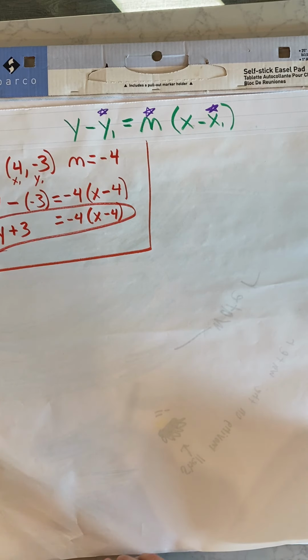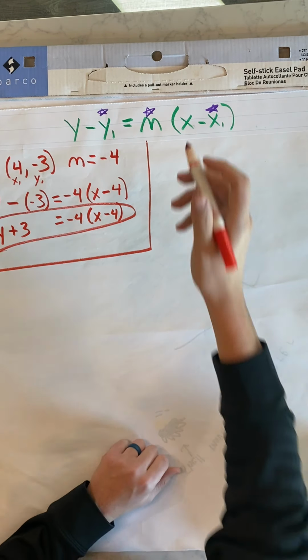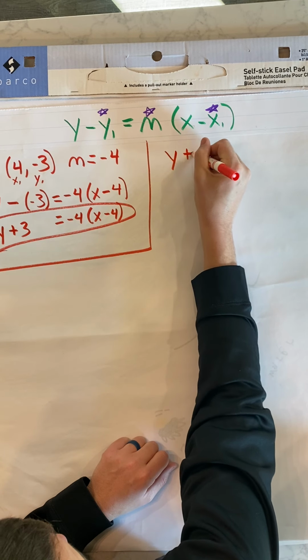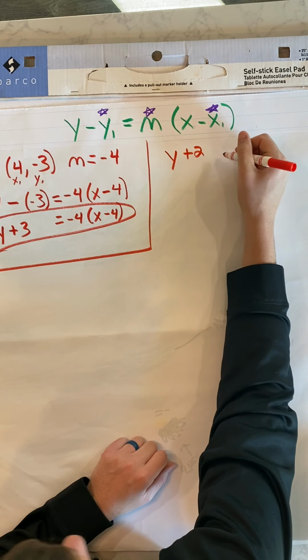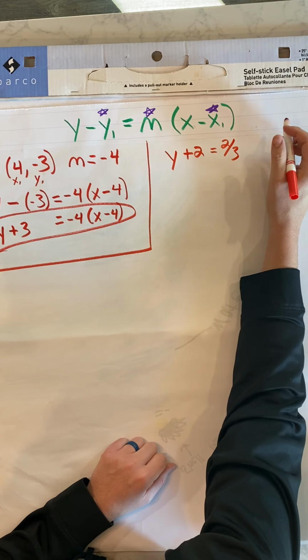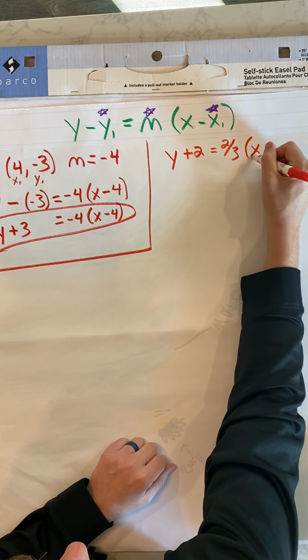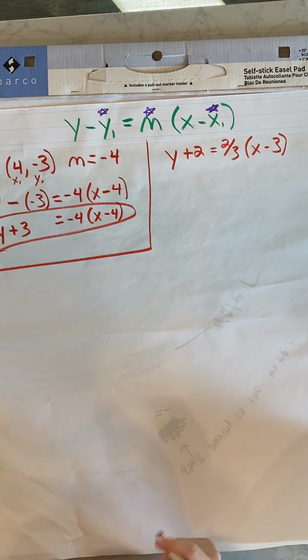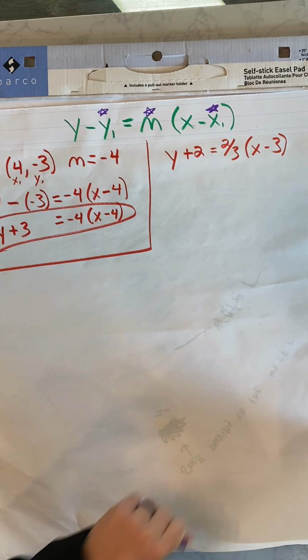All right, next one. It gives us this equation right here: y plus 2 equals 2/3 times the quantity x minus 3. And what it asks us is to identify what x1 and y1 are and tell us what the slope is.